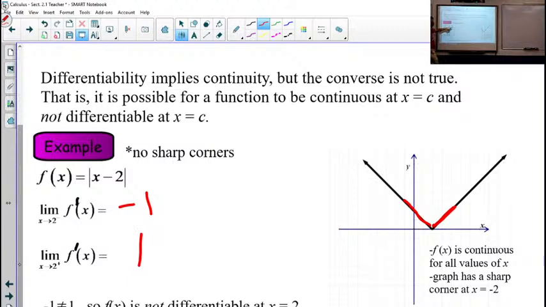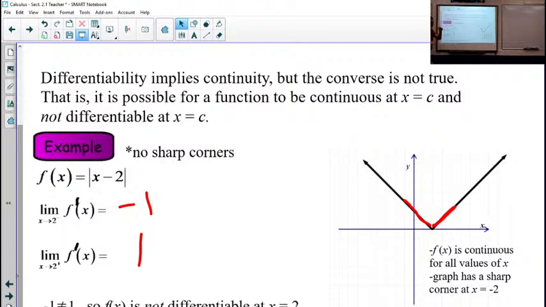So because the limit of the derivative from the left does not equal the limit of the derivative from the right, that means that the derivative doesn't exist at 2. So the function is not differentiable. That makes sense.